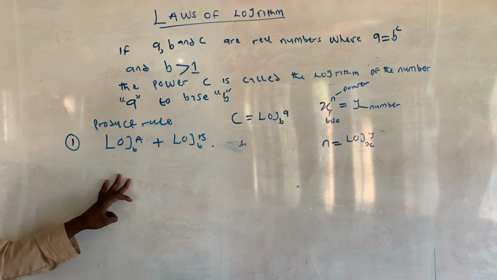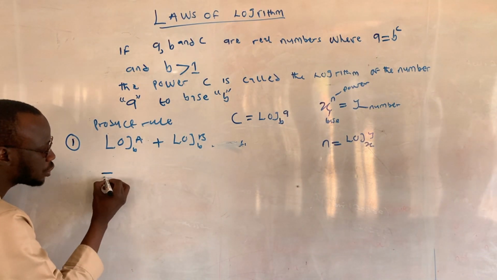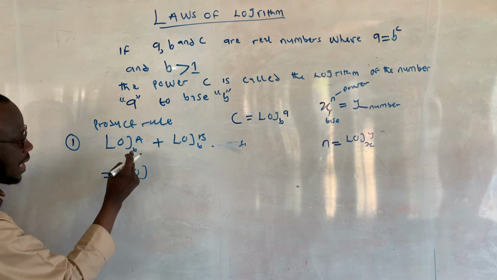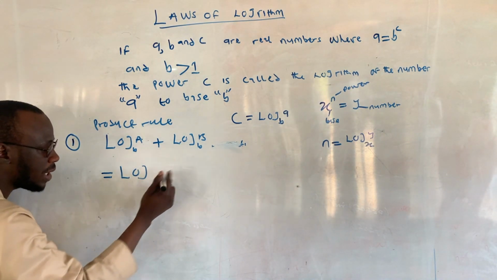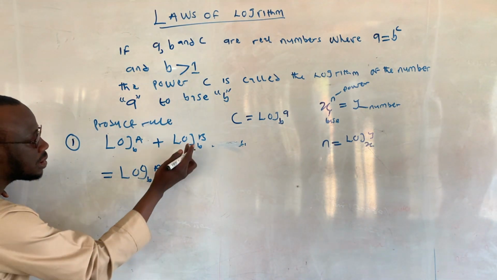It says this is equal to log, since they have the same base, we take only one, of A times B.